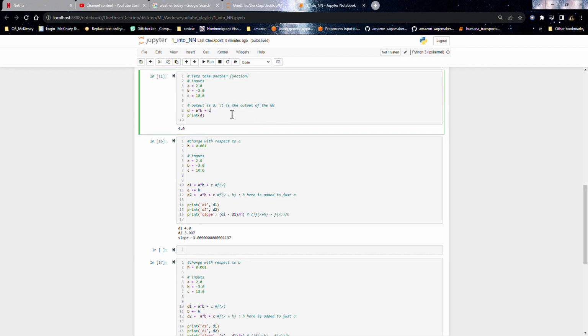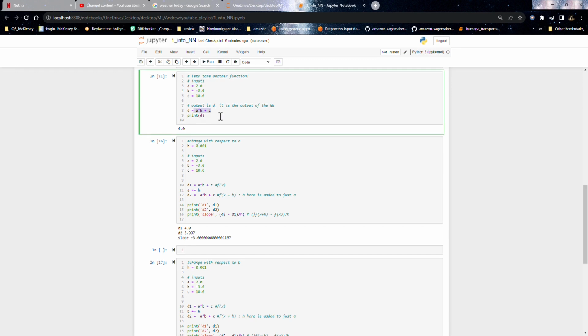So now we would like to know what the effect of A, B, and C on D is, and how much of a change in A, B, or C will affect D. Because we start with some random weights.